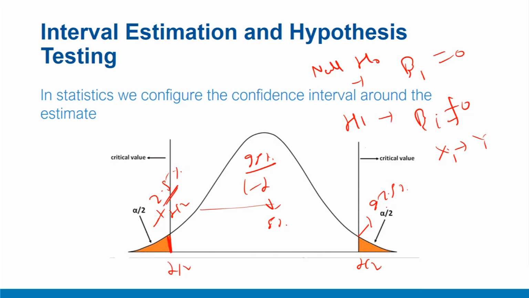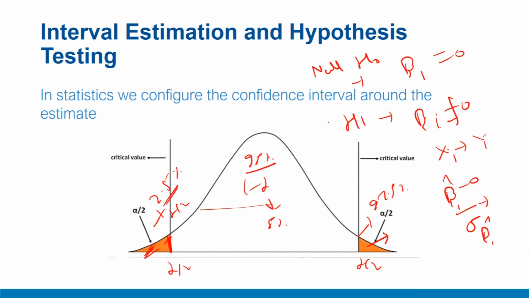If the computed t statistic for the coefficient, which is the estimate of beta 1 minus 0 upon the standard deviation of beta 1 hat, the t statistic that you compute for the sample, is greater than this value or lower than this value and falls in this region, then you reject the null H0.